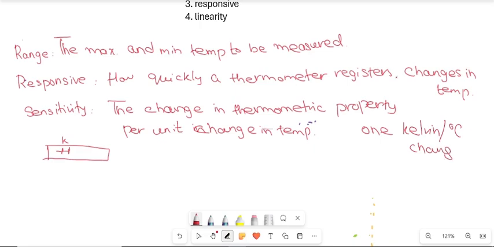It could be this much, or it could also be this much. So for 1 degree or 1 Kelvin change in temperature, how much does this thermometric property change? It could be this small, or it could be this much, right?